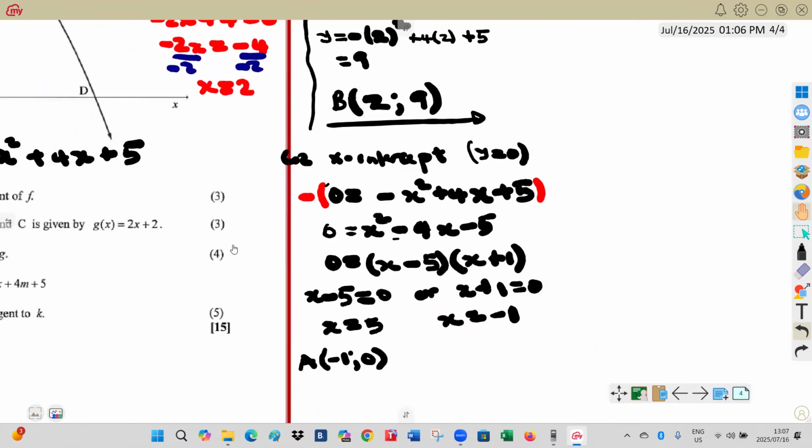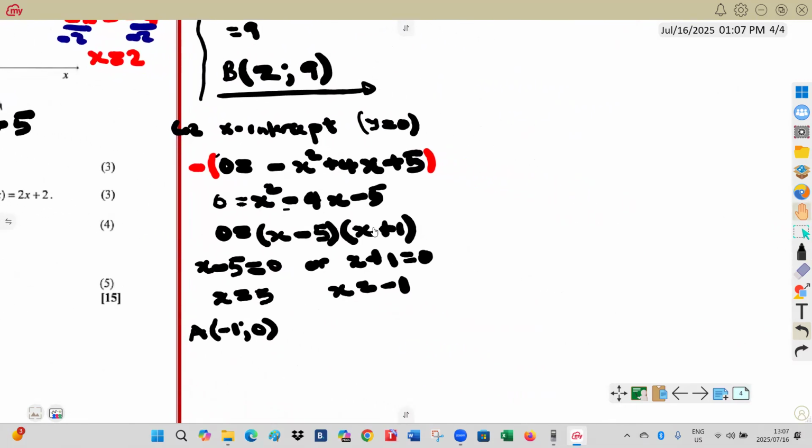Kindly take note here. It was possible that apart from using the method of factorization, I recommend that we use the quadratic formula. So once you have your equation here, use your quadratic formula, we realize that our a is equal to 1, our b is equal to -4, our c is equal to -5.